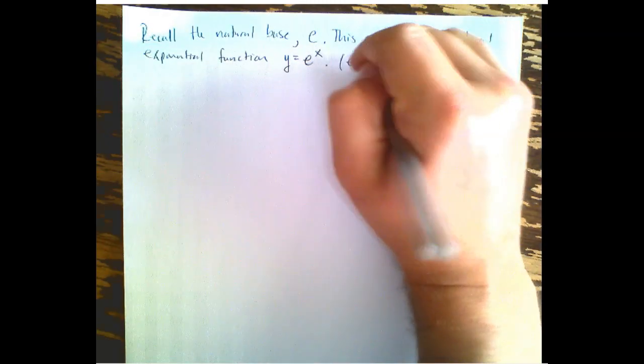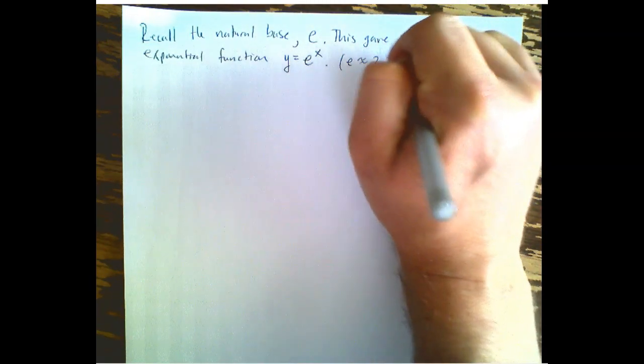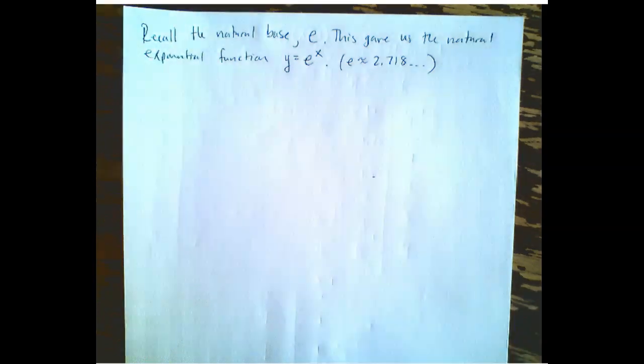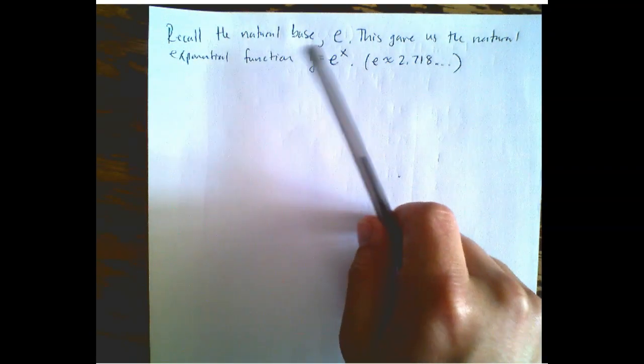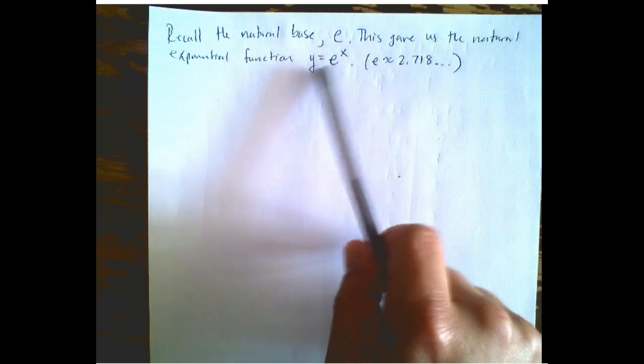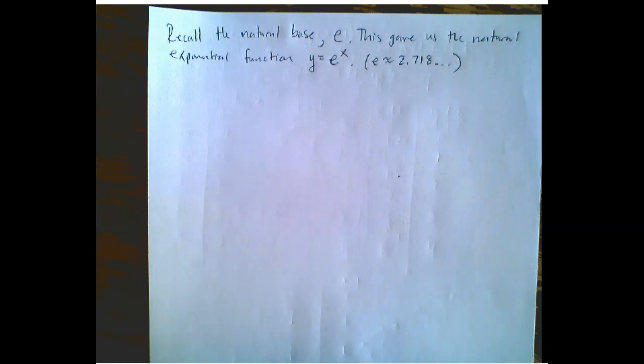And e was approximately 2.718, right? So with this natural base e, because we have an inverse here, we have the natural log function as well.